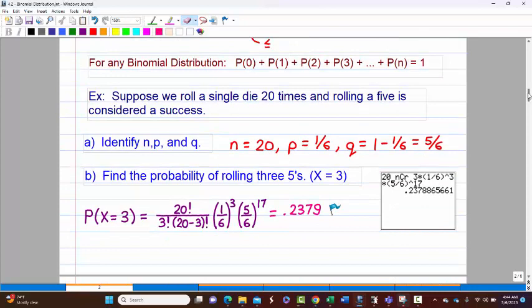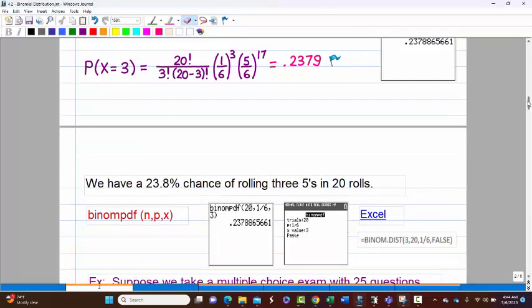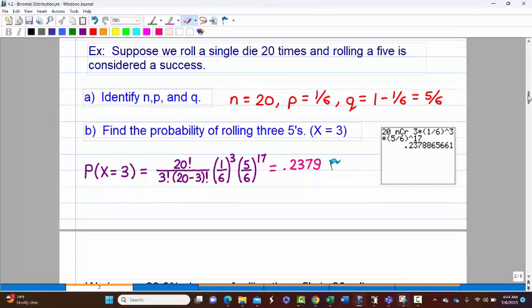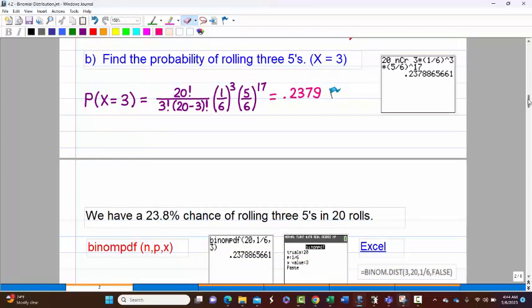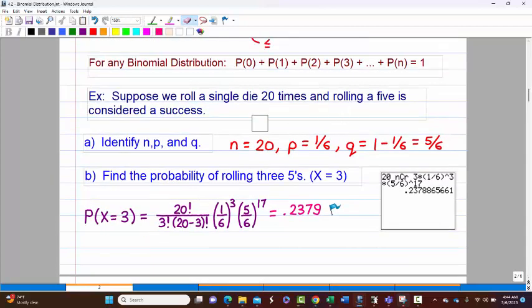So let's look at this single die example here. I may not retype all these in the calculator, because as always, we'll see real-time examples in Excel and the calculator in my stat lab, but it'll be here for you to look at. So 20 times, that'll be your n.